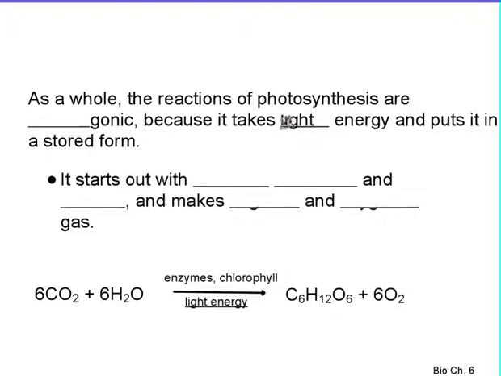Light energy. And puts it in a stored form. So would that be endergonic or exergonic? Endergonic. Yep. Good job. Anything that takes energy and puts it in a stored form, it puts out less than it takes in. That's endergonic.